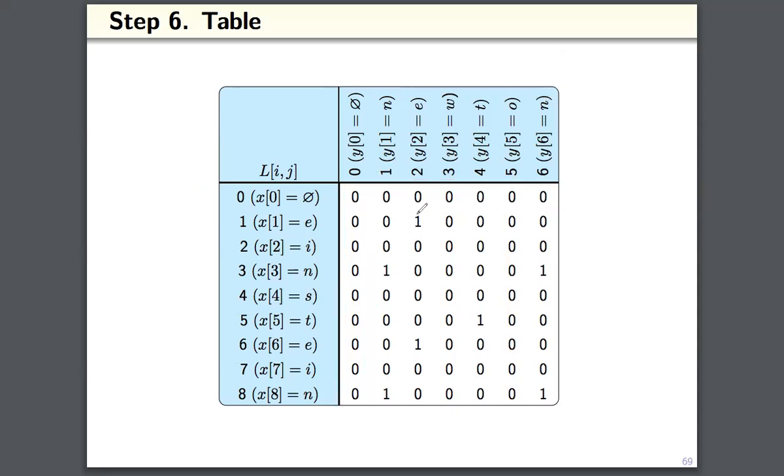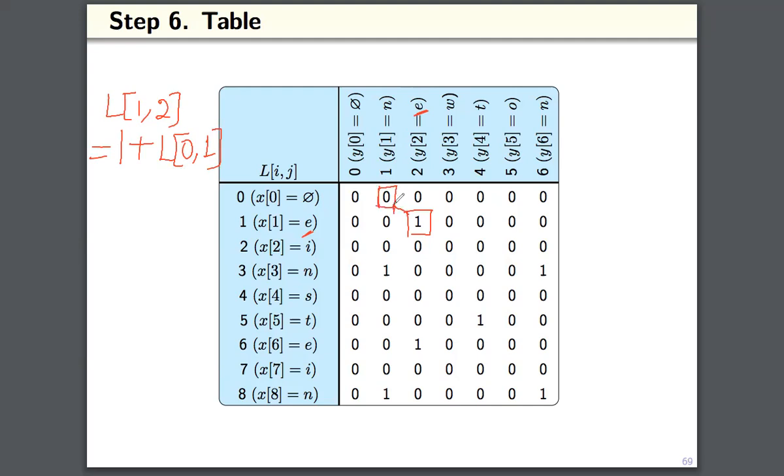Okay, now let's take a look at this. What happens here? So x of 1 and then y of 2. The characters match, so the answer is 1 plus... Let's write it as L of 1 comma 2 is equal to 1 plus L of 0 comma 1, if the characters match.